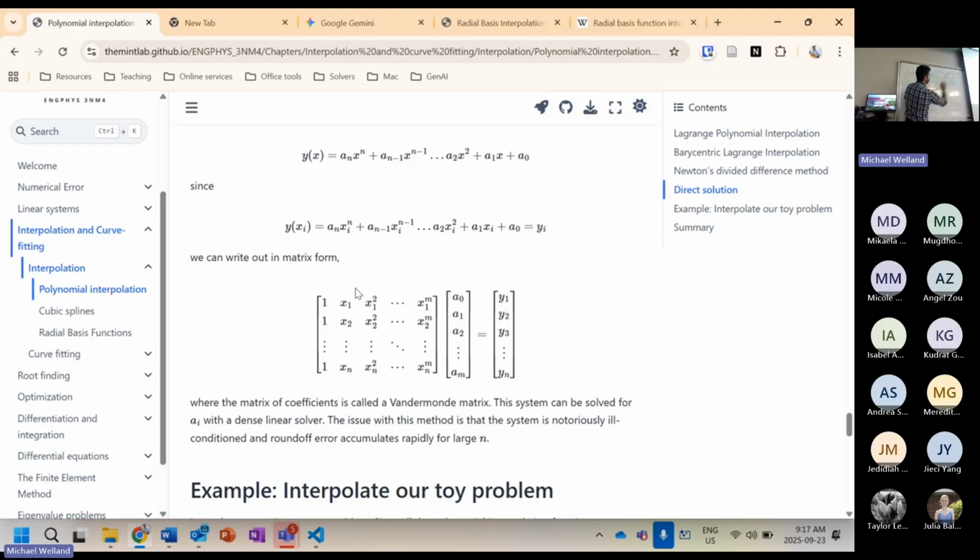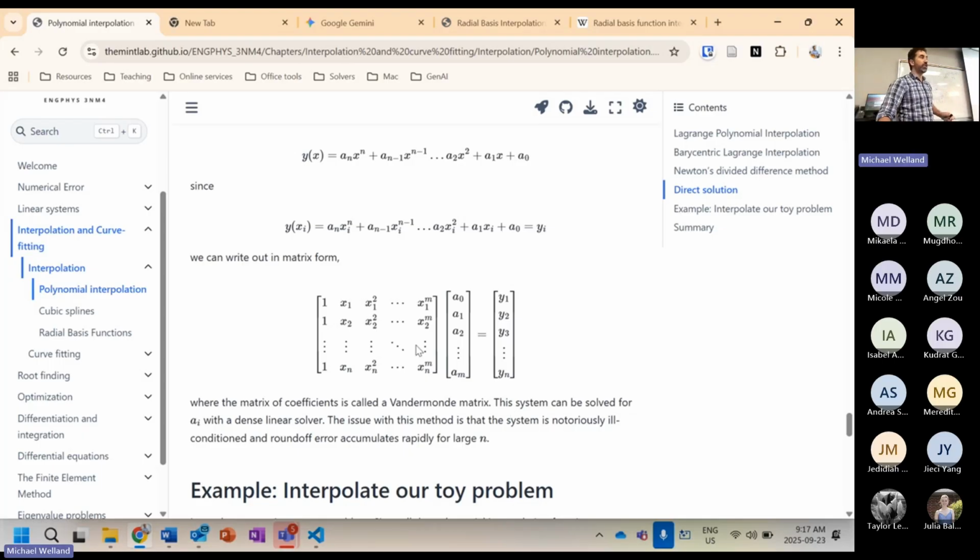Again, doesn't really matter. x2 squared, x2, 1, x3 squared, x3, 1. And this is equal to this vector here. Should I turn on the light? That help?